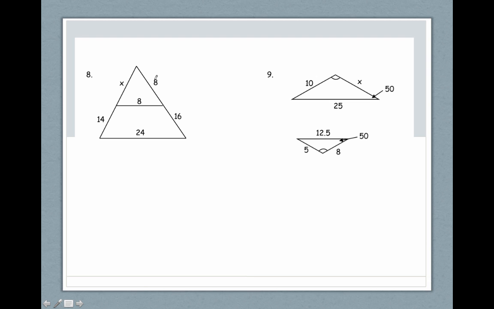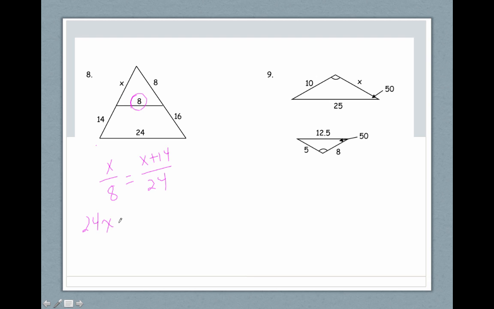Okay, this is 8, this is 8, 24, 24, angle, angle. So these are similar. So we have that x over 8, and I'm using this 8 here, is x plus 14 over 24, because this entire length is x plus 14.